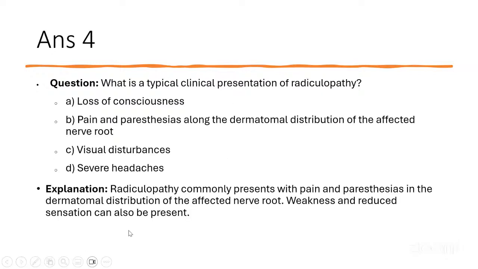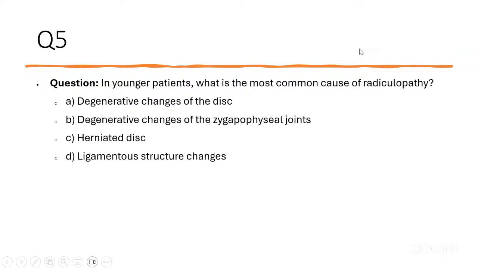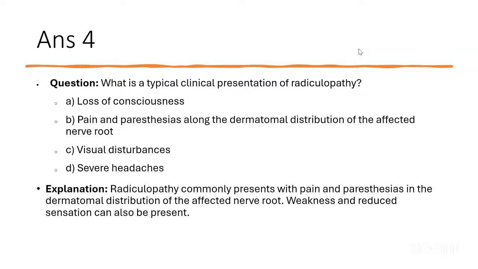Radiculopathies commonly present with pain and paresthesia in dermatomes. So you should know the dermatomes in the upper limb and in the lower limb. You have to revise them. And if you put your hand on the back of the neck, what is the dermatome you feel?